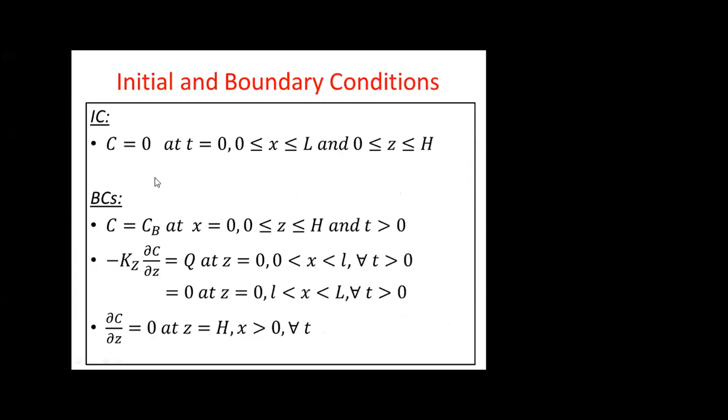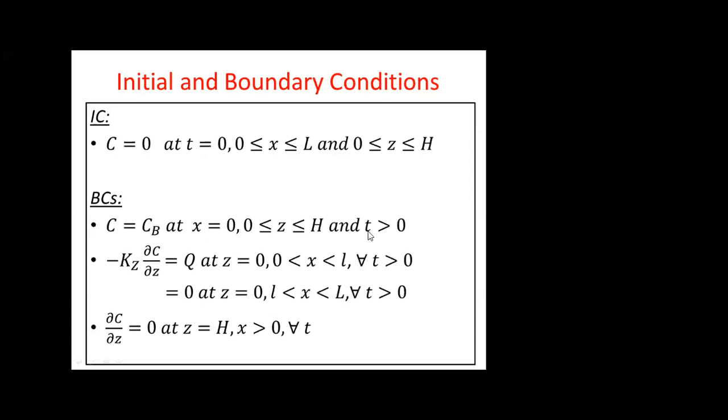Since it is time dependent, we have an initial condition here. When t is 0, where L is the length of the urban area and H is the height of the urban area, C is 0, that means no pollutant when t is 0.